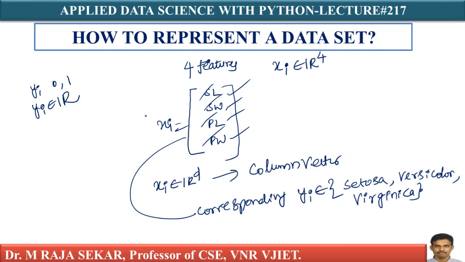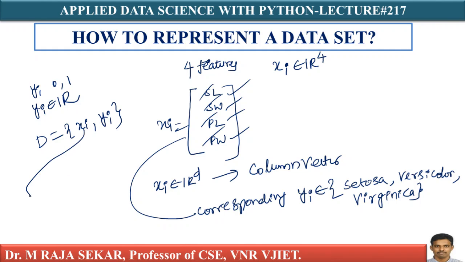D is data points and class labels. As I told you, my D equals xi comma yi.